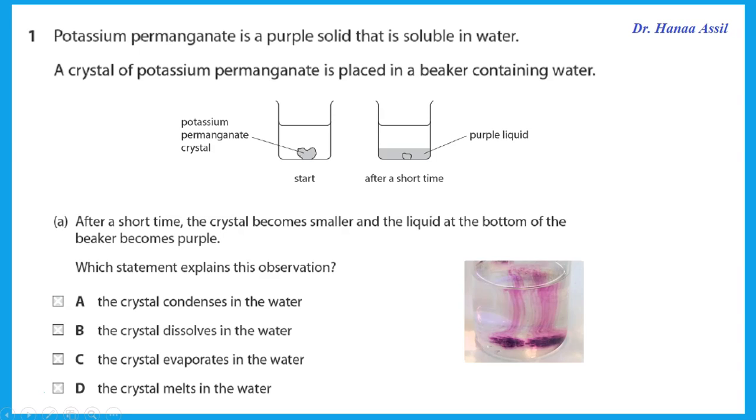Now, when we put potassium permanganate in a beaker, remember that the crystals are already said to be purple, and you should know that potassium permanganate is purple. When I leave this crystal at the bottom, what first happens is that the crystal starts to dissolve.